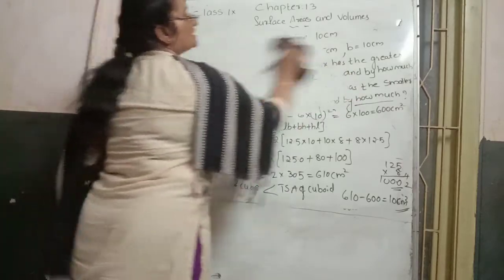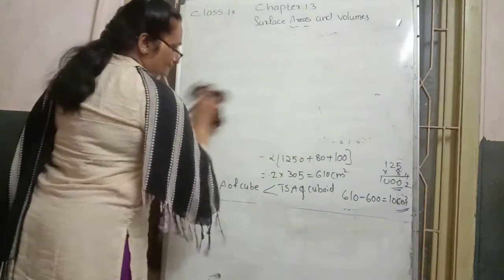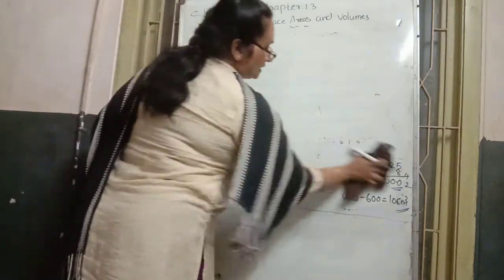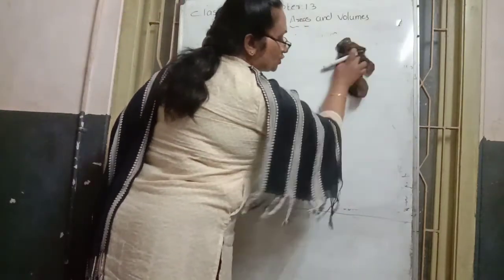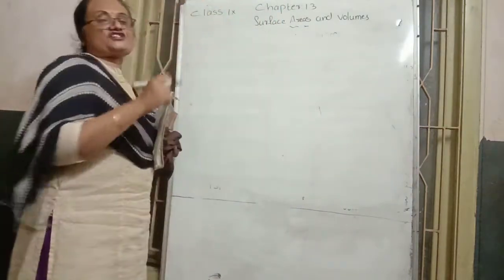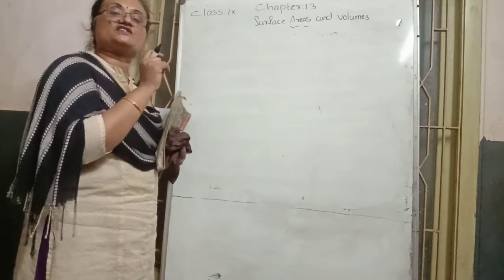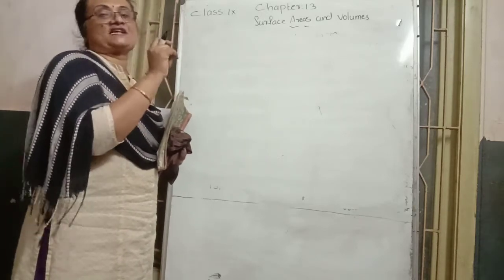Next we go through one more question. In that question, one person wants to make a shelter. For what purpose? He wants to keep his car in a temporary shelter.